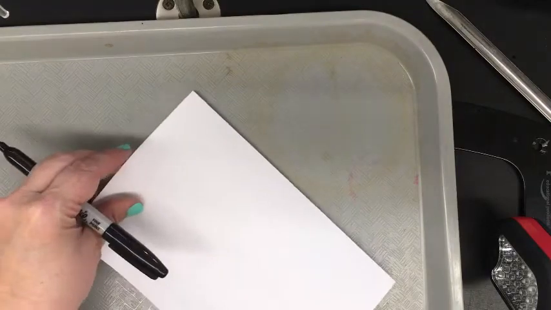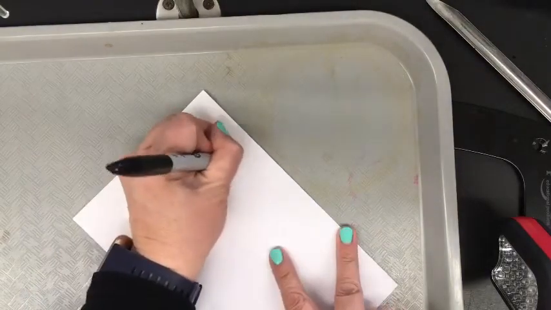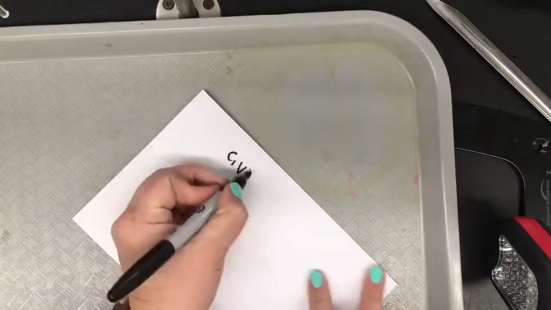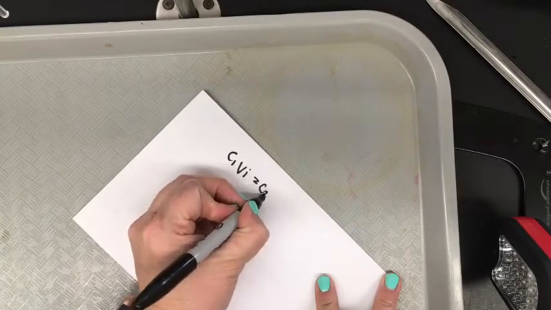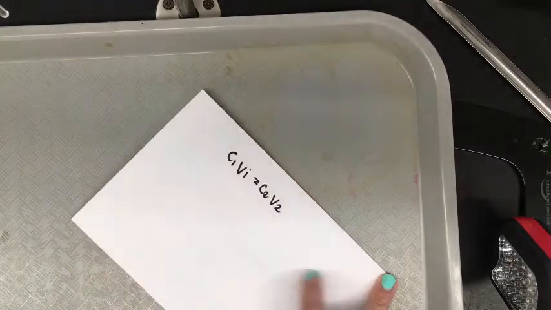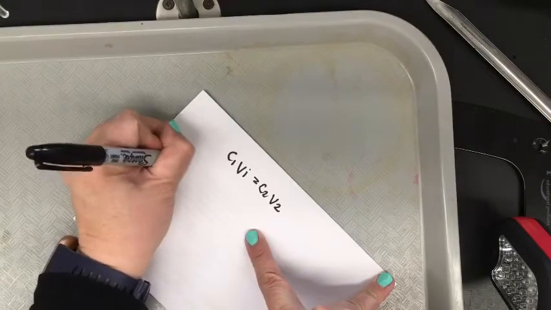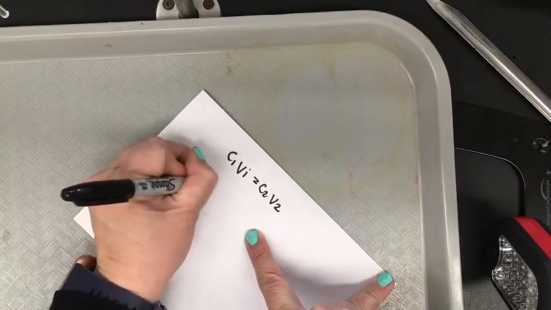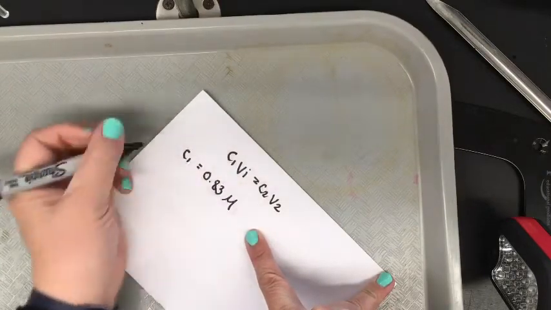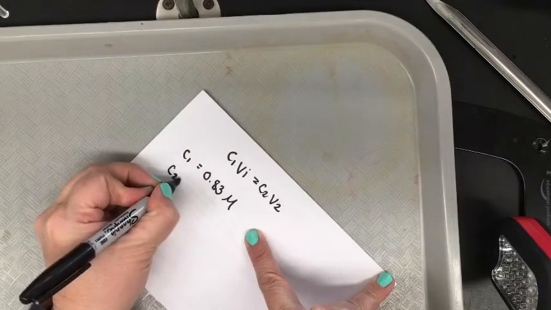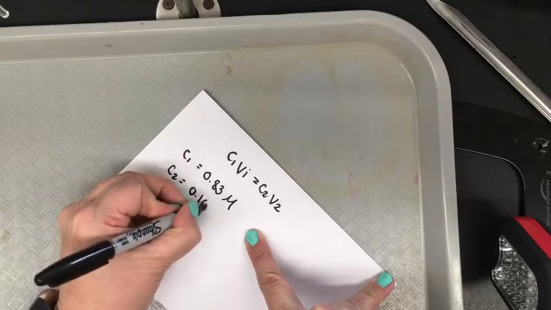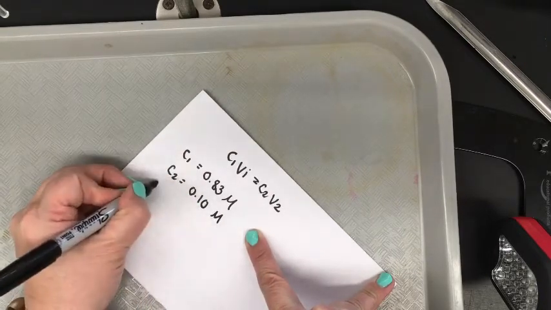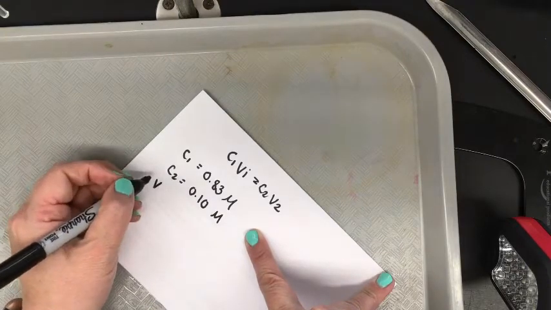So we're going to use our handy C1 V1 equals C2 V2 equation. We know that our initial concentration is 0.83 molar. Our final concentration we want to be 0.10 molar, and our volume, it's telling us to make up 40 milliliters.